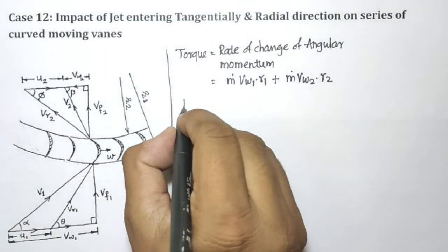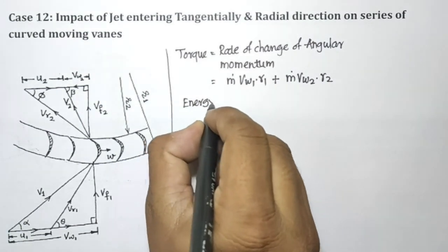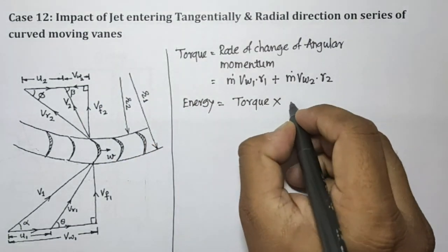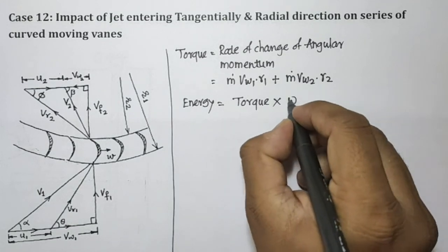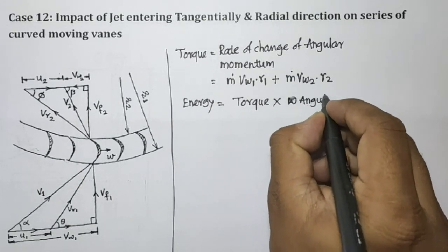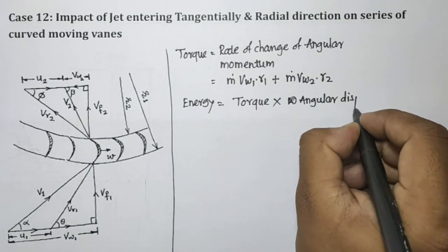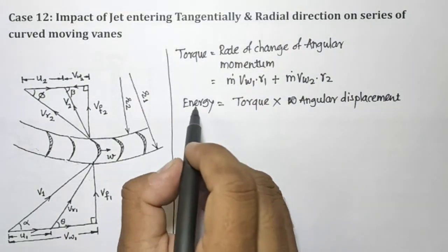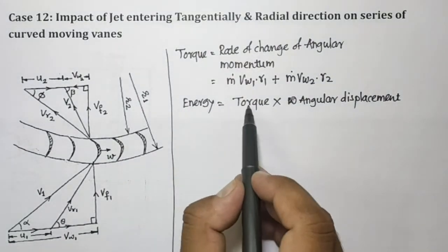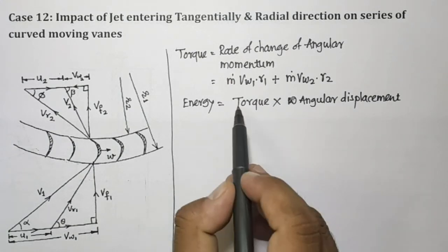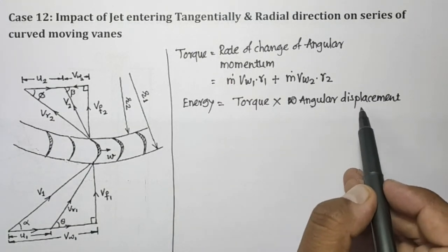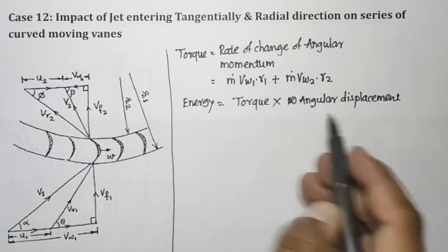So energy, or shaft power, is nothing but torque, that is what we call the twisting force, into angular displacement. Basically energy is nothing but work energy. Work energy is equal to force into displacement. Here torque is nothing but twisting force, and we have to consider angular displacement.